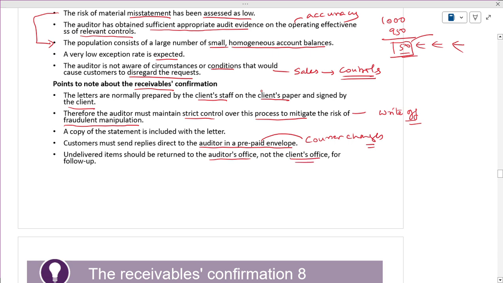If any courier has not been delivered, it has to go to the auditor's office. It should not go to the client's office.